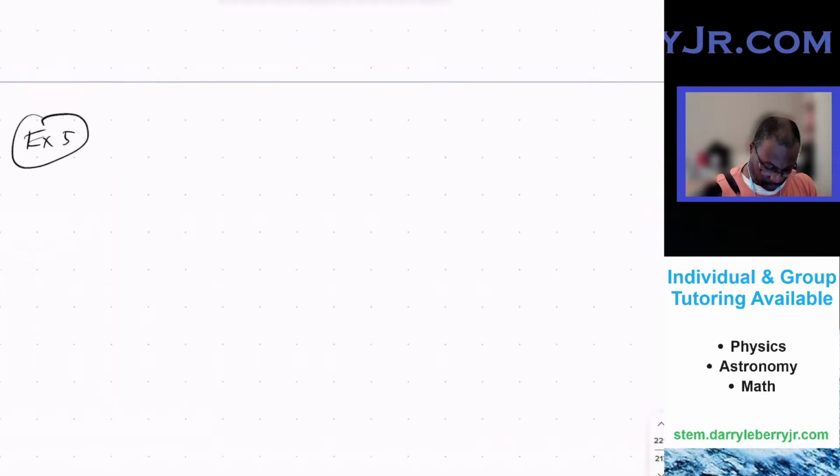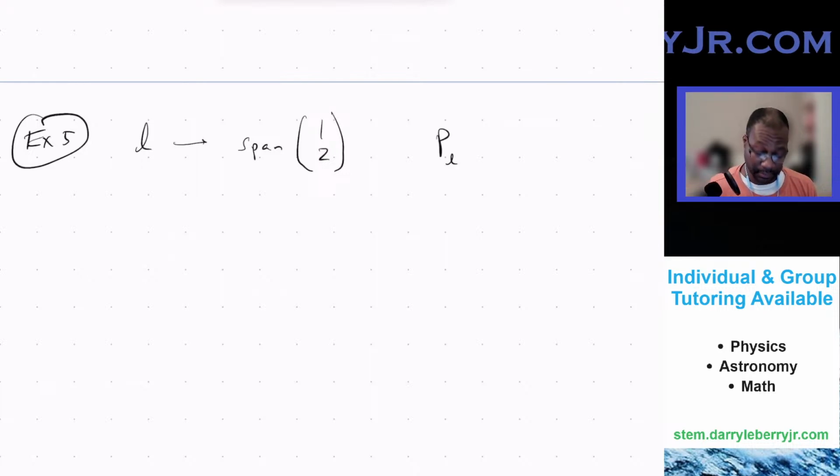Example 5. Okay? L is spanned by (1, 2), and projection onto the line is R2 to R2.